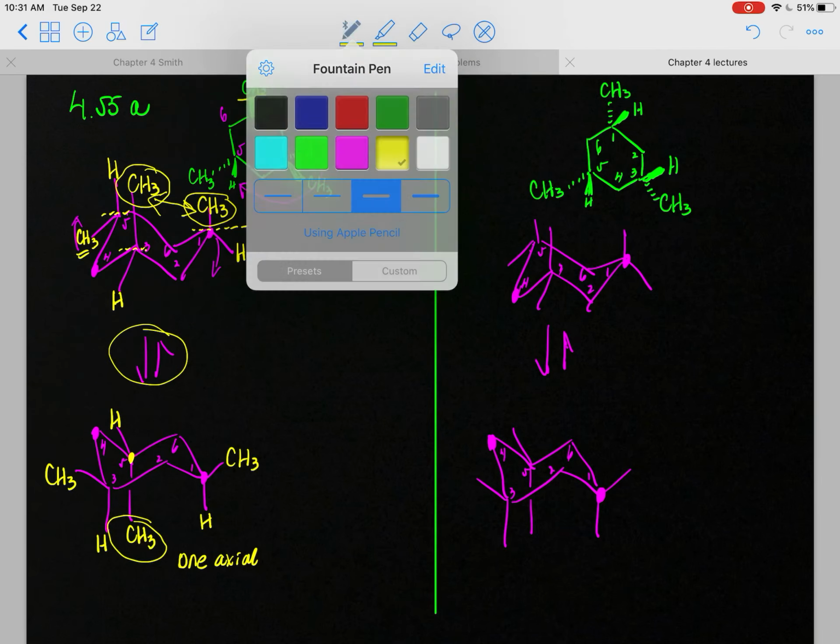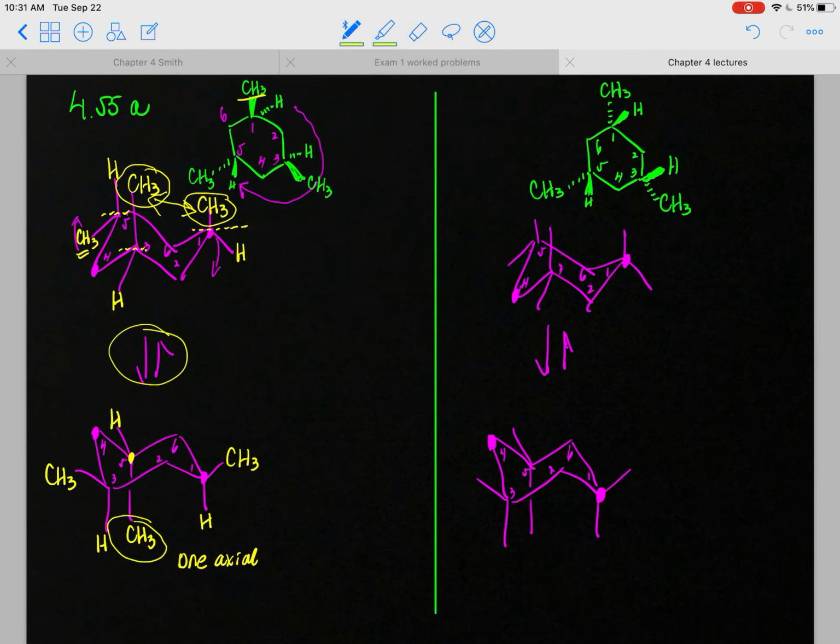Now what we want to do, as we did in the previous molecule on the left side of this page, is look at up and down relationships. At carbon 1, we have this methyl group going down. With respect to this dotted line, that methyl group going down is going to be here. At carbon 3, we have a CH3 on a dash, which means down or away.